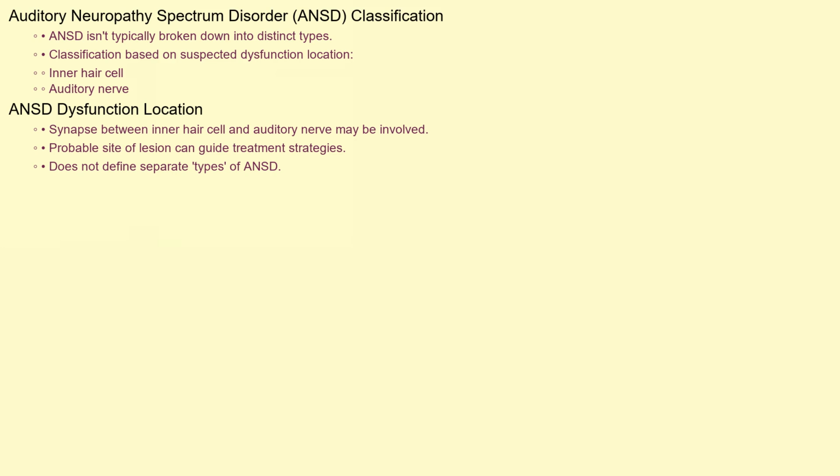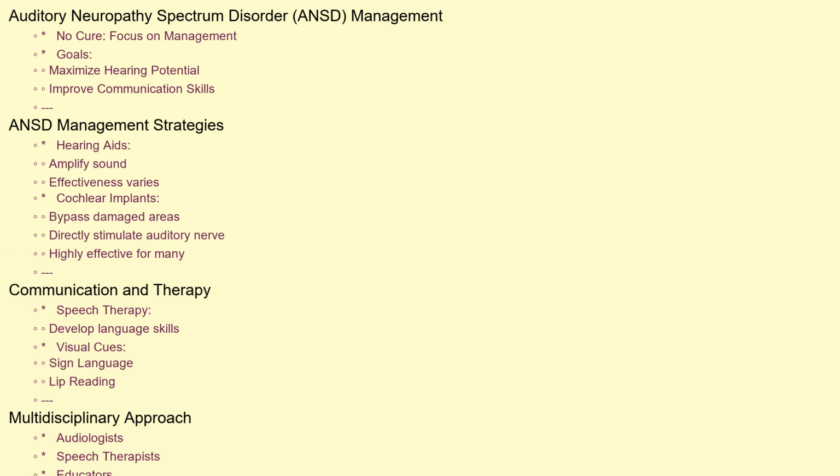Currently, there's no cure for ANSD, but various treatment and management strategies can help individuals maximize their hearing potential and improve their communication skills. These include hearing aids, which amplify sound, although their effectiveness varies depending on the severity of the nerve damage.